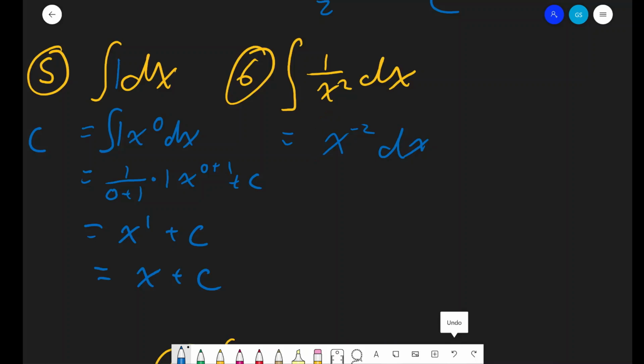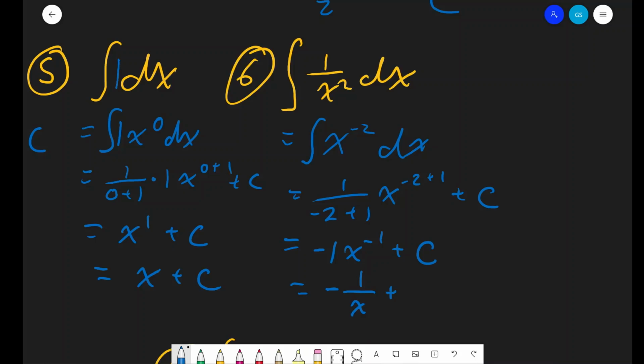It just makes your life a little easier, especially when you're learning this in the very beginning. So we're going to apply the same rule: 1 over -2 plus 1 times x to the -2 plus 1, plus c, because -2 is our a value here. -2 plus 1 is -1, x to the -1, plus c. In other words, this is -1 over x plus c.